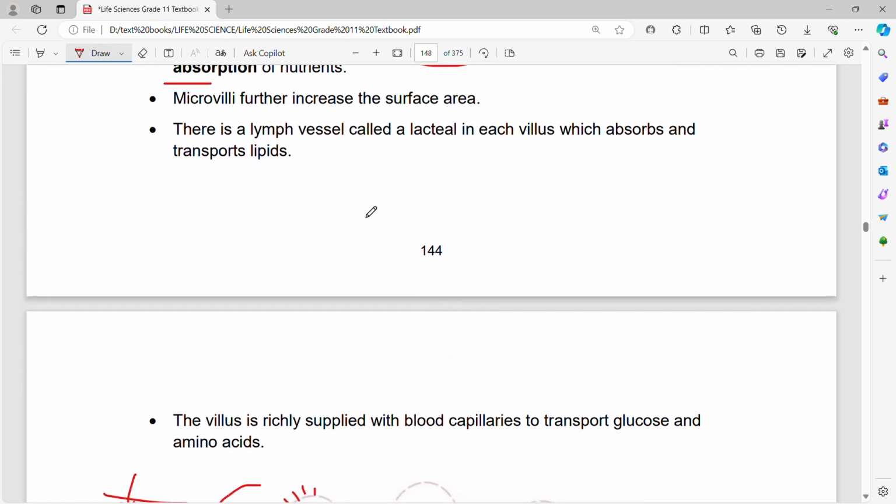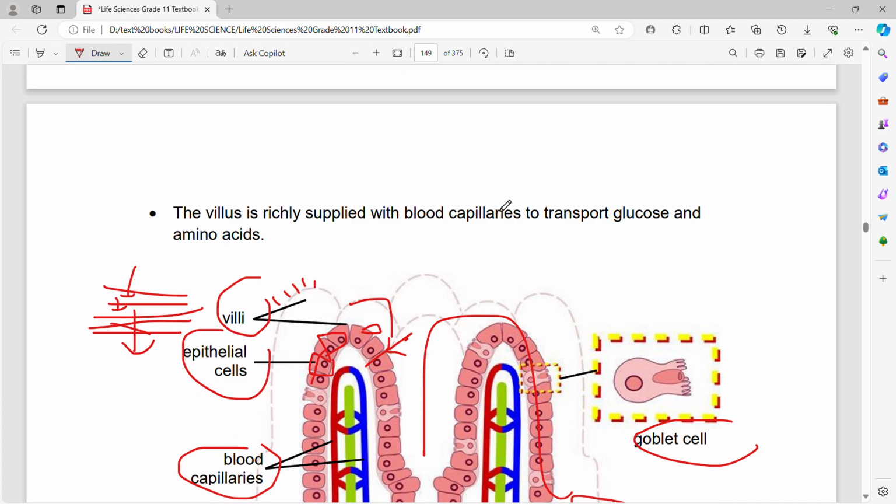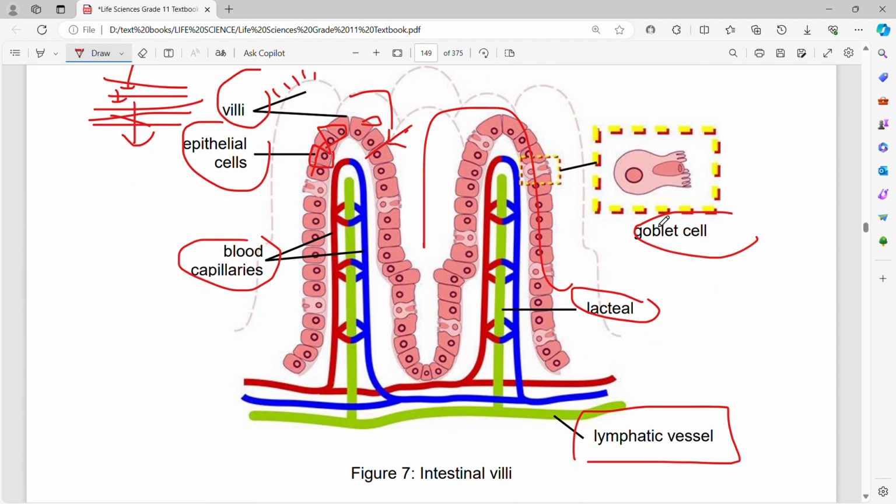Then there is a lymph vessel called the lacteal in each villus, which absorbs and transports lipids. And the villus is richly supplied with blood capillaries, which will transport your glucose and amino acids. So this is how they are adapted. You must know this diagram and the purpose of the epithelial cell, the goblet cells, the lacteal, and the lymphatic vessels.